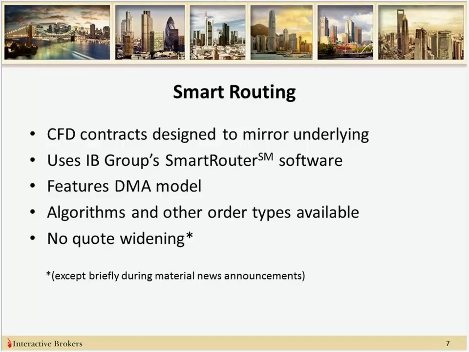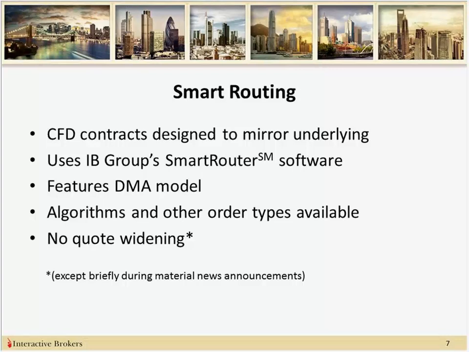IBUK share CFDs are routed using IB Smart Routing software, like we do for stocks, and quotes are identical to the smart routed quote for the underlying stock. IBUK CFDs also feature direct market access, DMA, meaning that non-marketable limit orders rest on the underlying exchange.